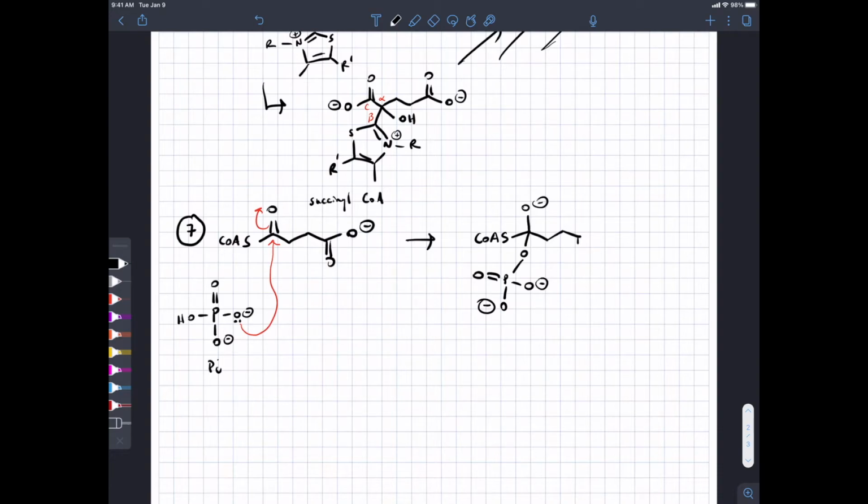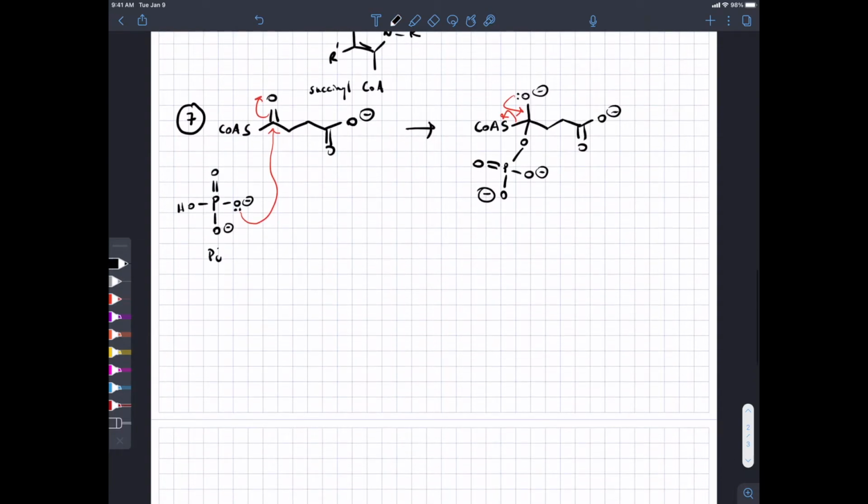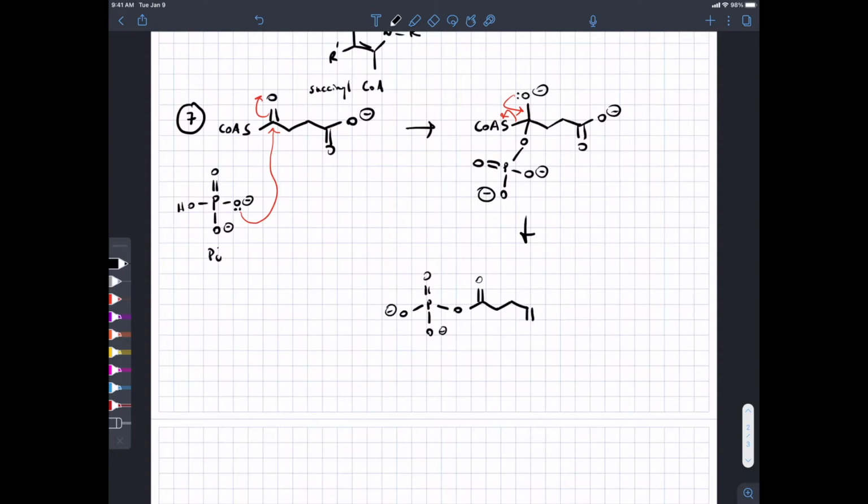Okay, and then electrons will kick down and the leaving group will leave. And the product from that step is a mixed anhydride. That is, you've got a carboxylate group attached to a phosphate group. Sometimes this is called an acyl phosphate, which is fine, but I like to call it a mixed anhydride.